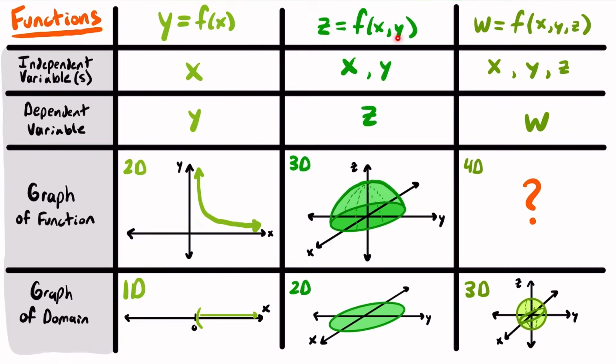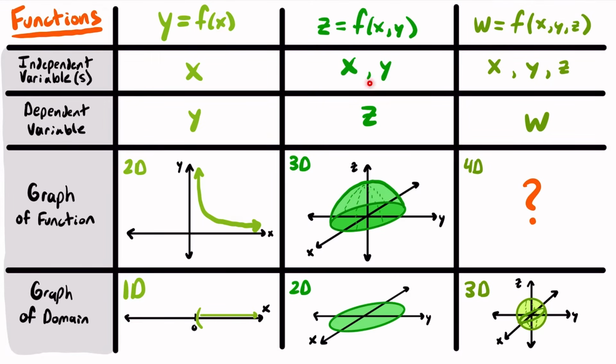But for a function of two independent variables, we're no longer working with curves or lines. The graph of the function will be in three dimensions. You'll have an axis for each independent variable, x and y, and then you'll also have an axis for the dependent variable z. And so in this case, you input values of x and y into the function and get out an output of z.